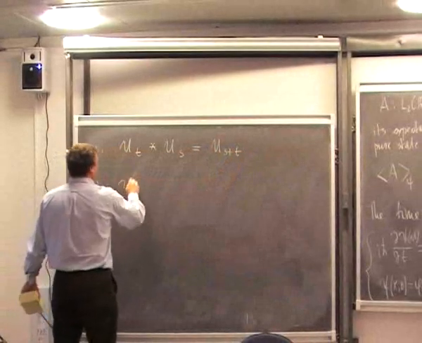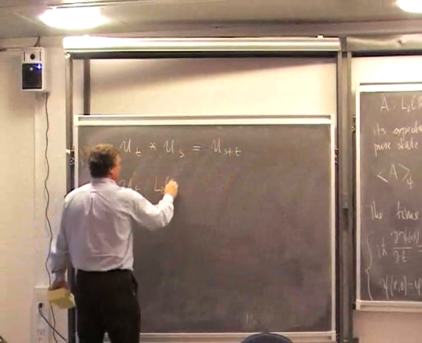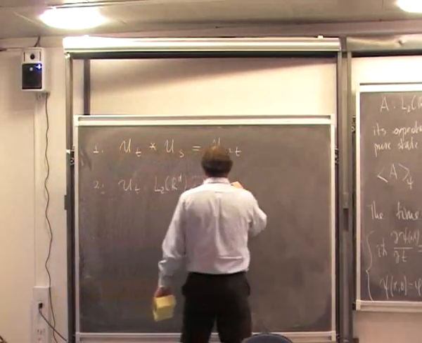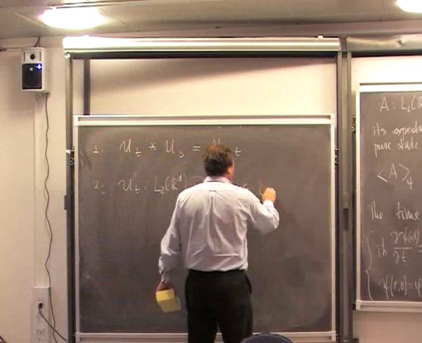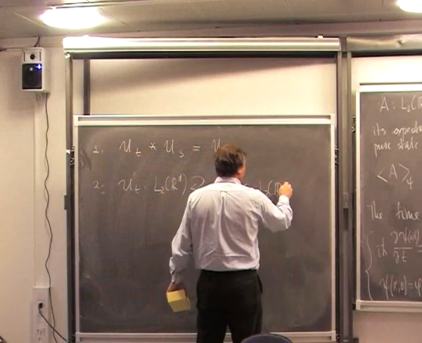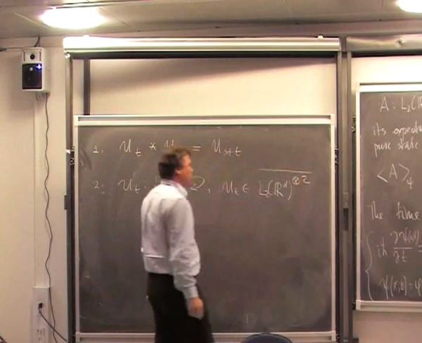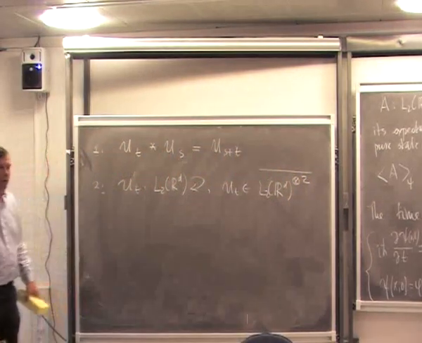And second, U_t is an operator in L2 R^d. So you can think of U_t as a vector in the completion of the tensor square of L2 on R^d.